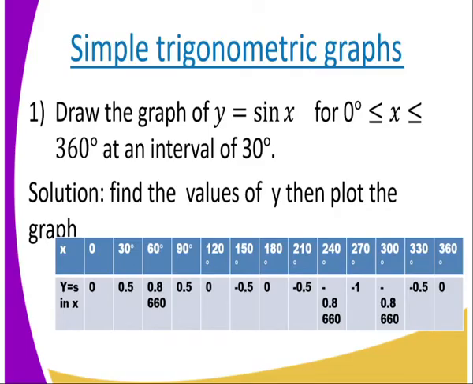And then 330 is supposed to be negative 0.5. And 360 is supposed to be 0.